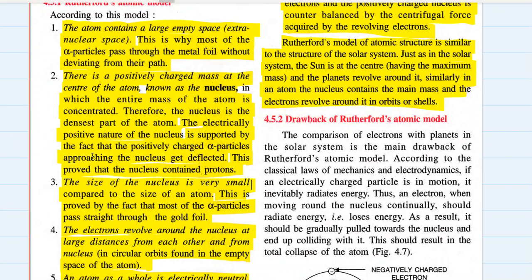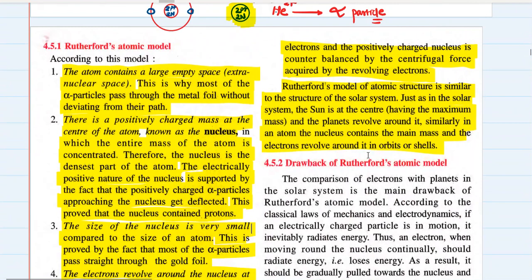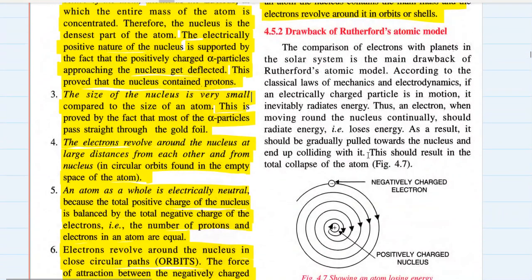And the second drawback is with the stability of the structure of the atom. He suggested that the electrons will keep on revolving around the nucleus and the atom will be stable. But more information or experimental proof was not given regarding the stability of the atom. So these are the drawbacks of Rutherford's atomic model.